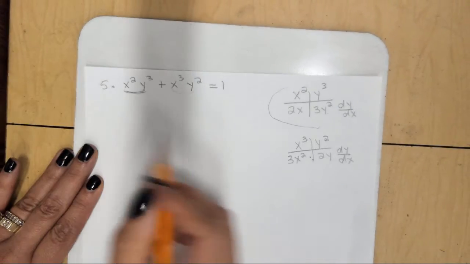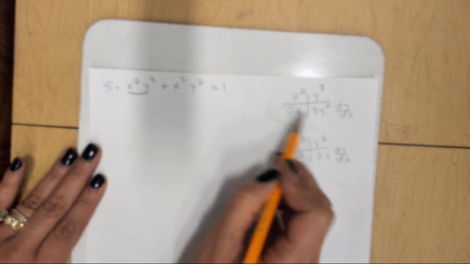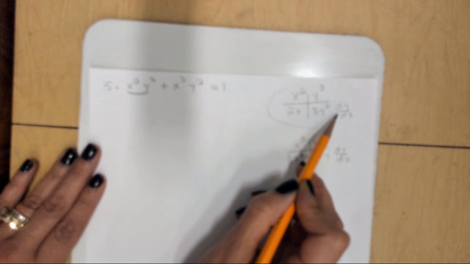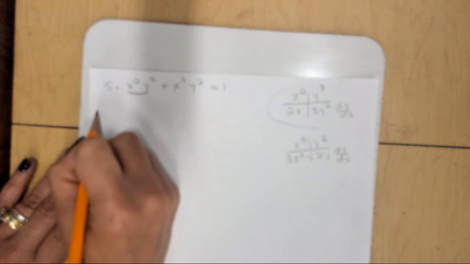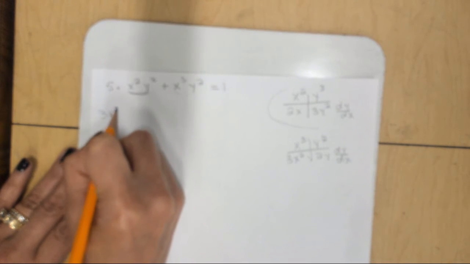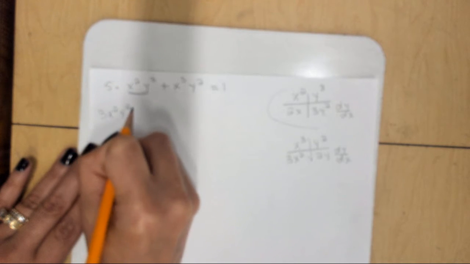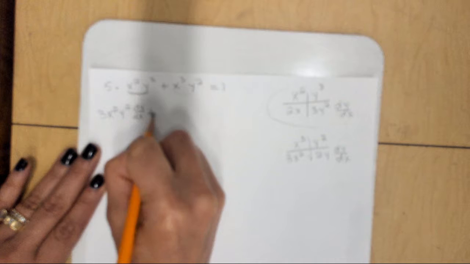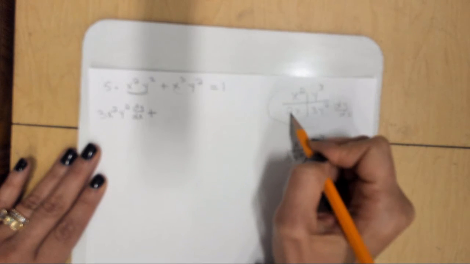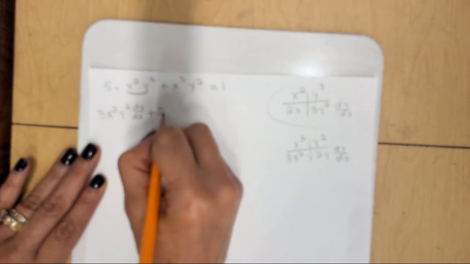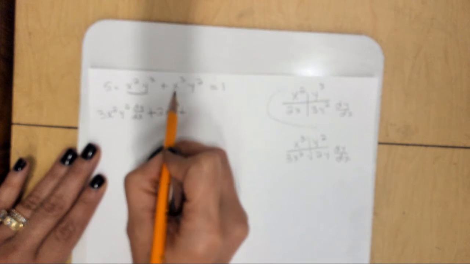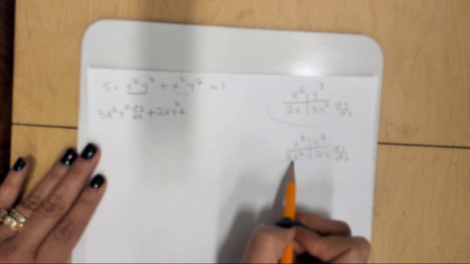So it's 3x squared y squared dy over dx, plus these guys, 2x times y cubed, 2xy cubed, plus, that's my next product, which is over here.